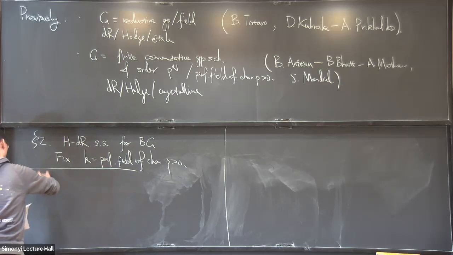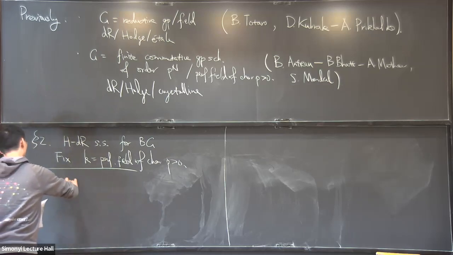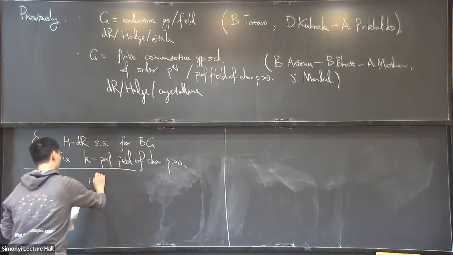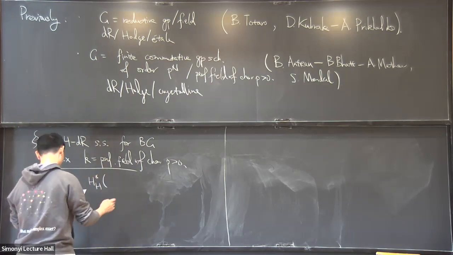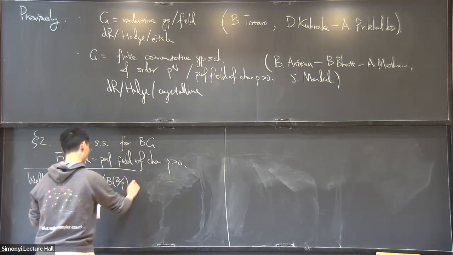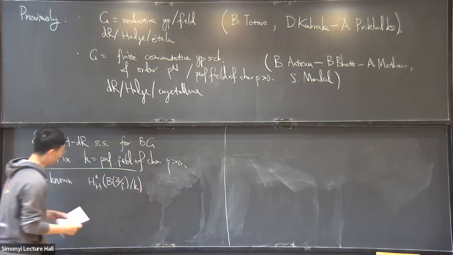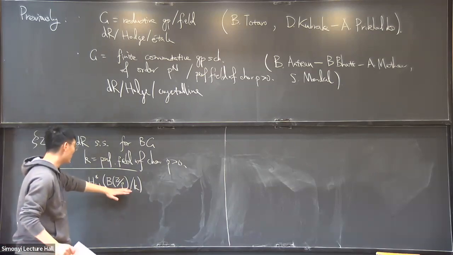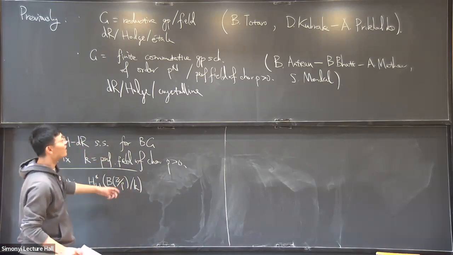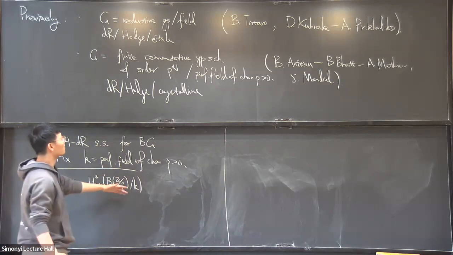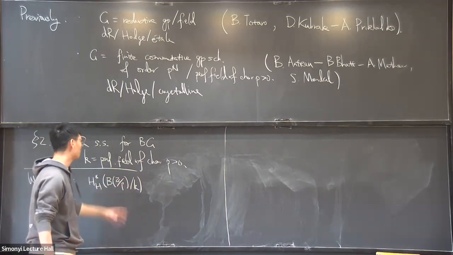So first of all, the following is quite well known. If you calculate Hodge cohomology of B of Z mod P, Z mod P is finite étale over K, therefore, no matter how you interpret its differential forms, they should all be zero except for the structure sheaf.